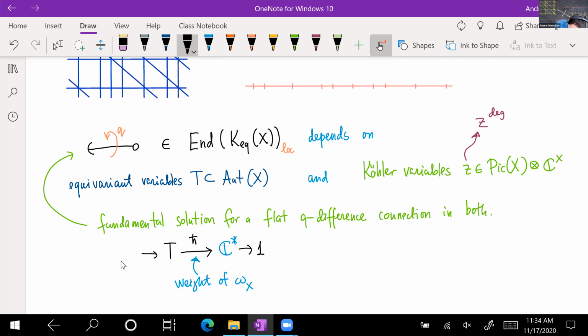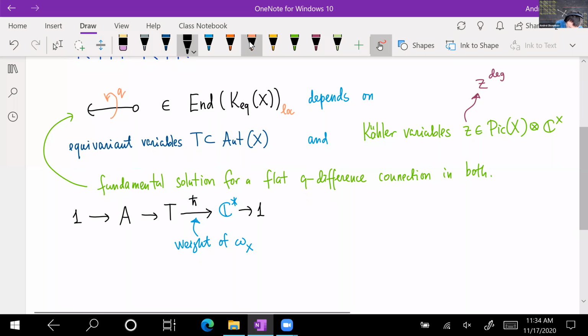And then we will look at the kernel of that map. In this course in general, we'll only shift variables that preserve the symplectic form.